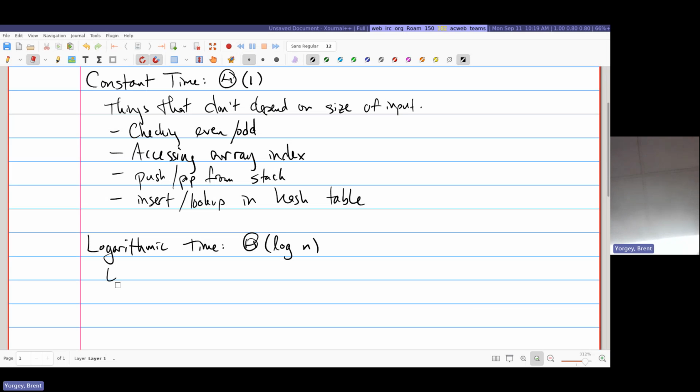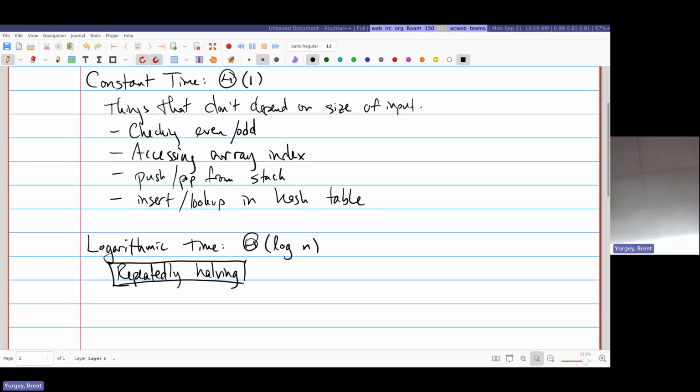This basically has to do with anytime that you are repeatedly halving something. If you find logs confusing, and you're never sure when it's log, if you just memorize this, logs have to do with repeatedly halving stuff, then that'll get you like 90% of the way.